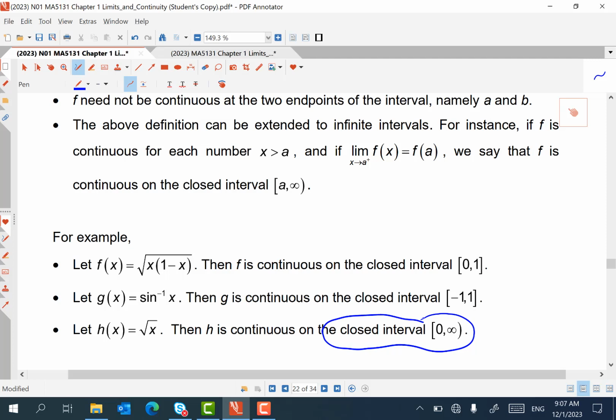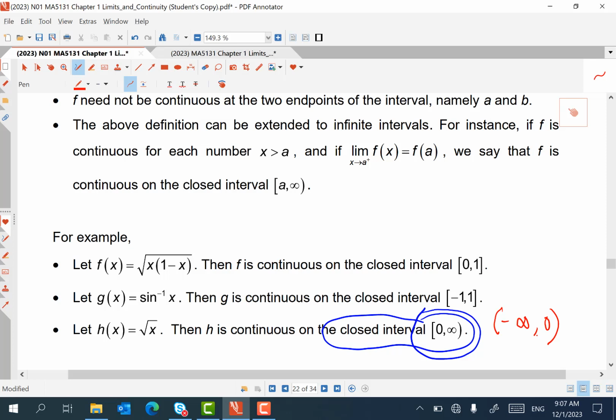The way to see that this is closed is because of the opposite of this. What is the complement of this interval? Because the complement is actually an open interval, therefore this other one is called a closed interval. This is how it's judged.